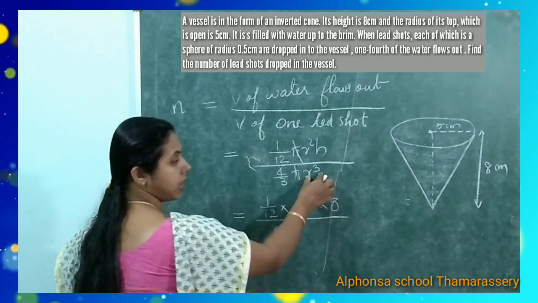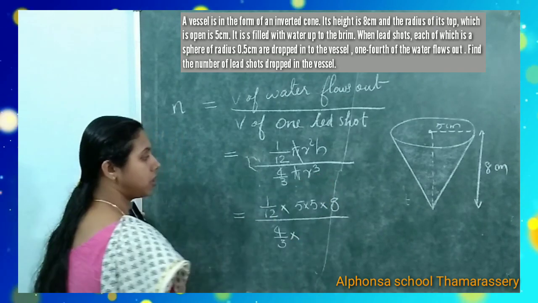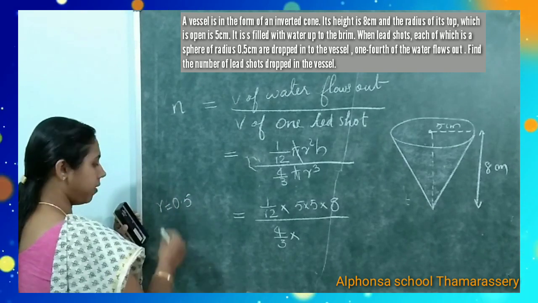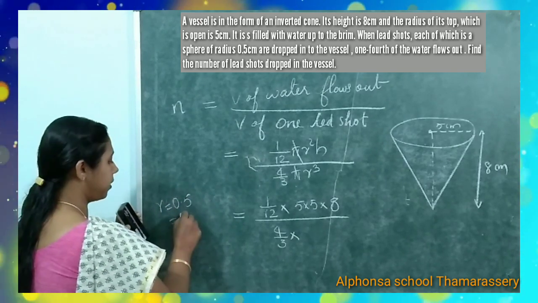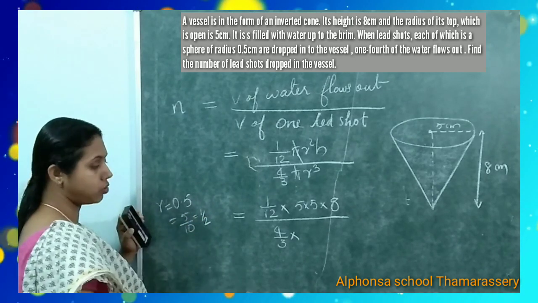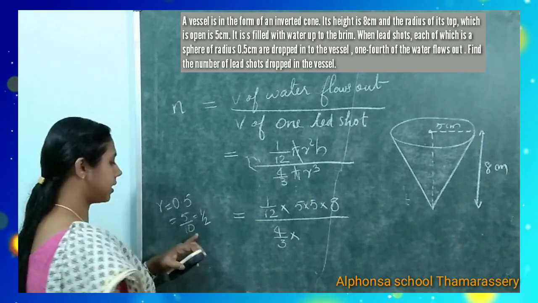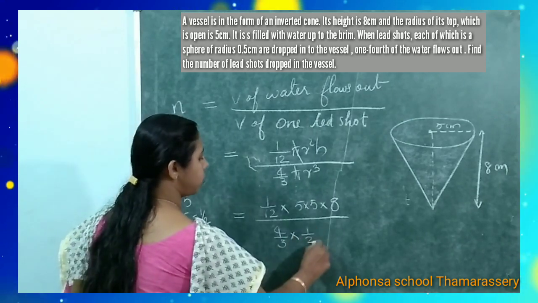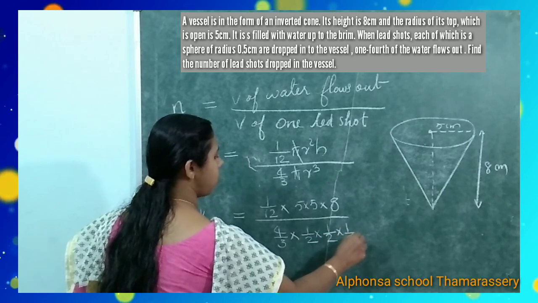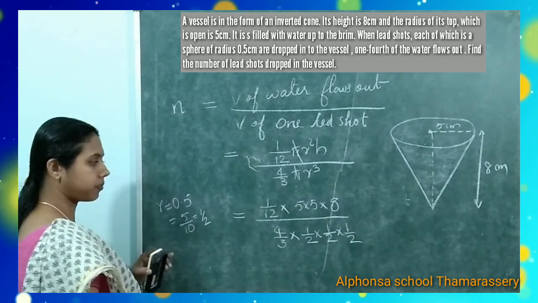The radius of a spherical lead shot is 0.5, which in fraction form is 5 by 10, and the lowest form is 1 by 2. So we take the radius as 1 by 2 whole cube, that is 1 by 2 into 1 by 2 into 1 by 2.